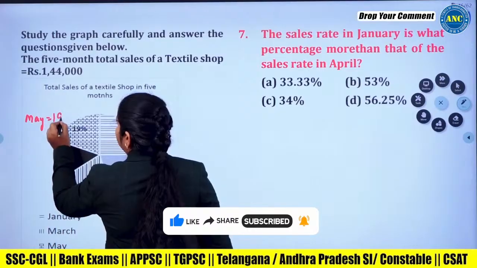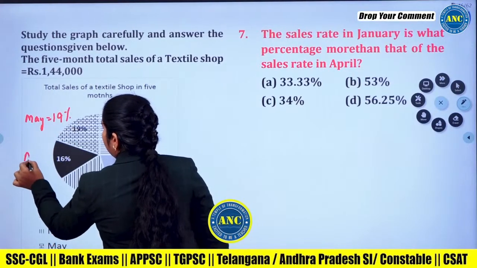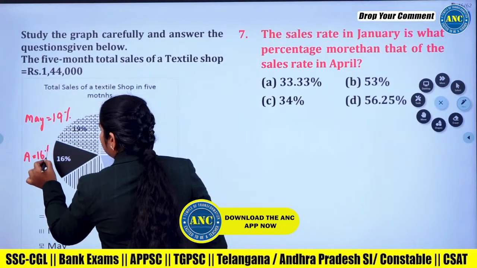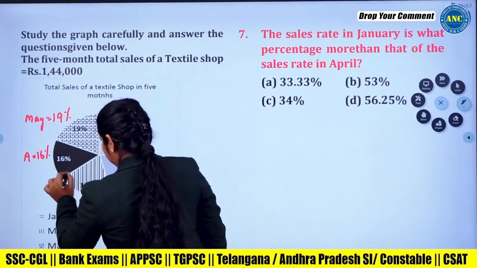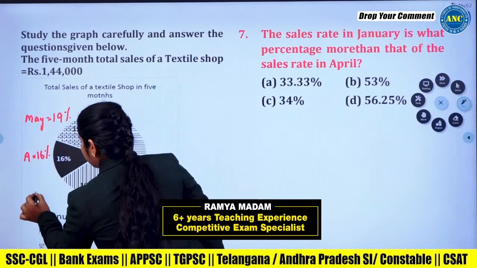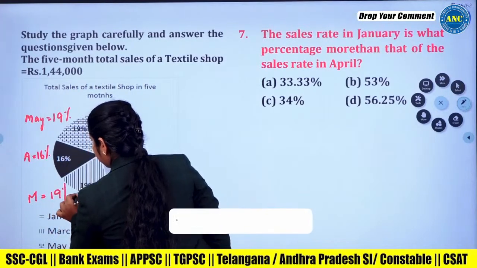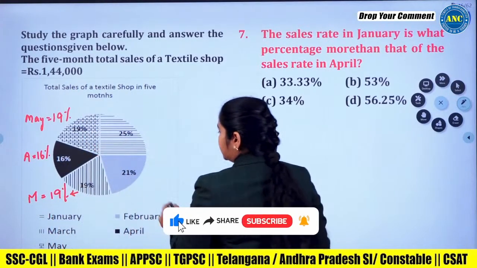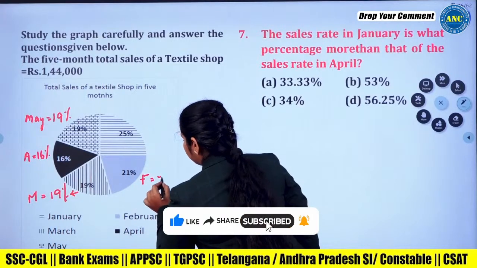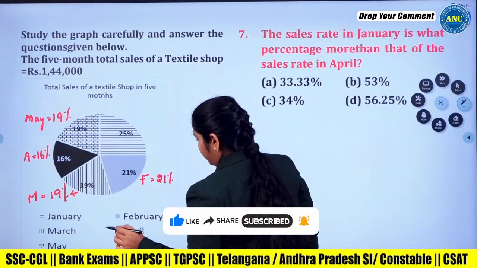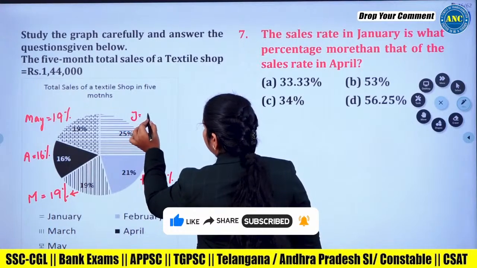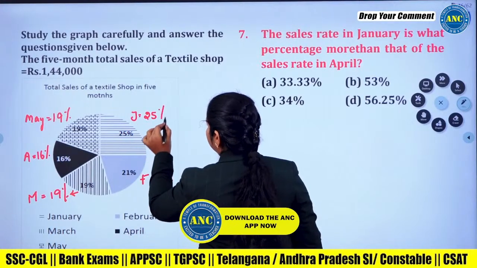May 19%, April 16. This is March, 19%. This is Feb, 21, and Jan is 25%.